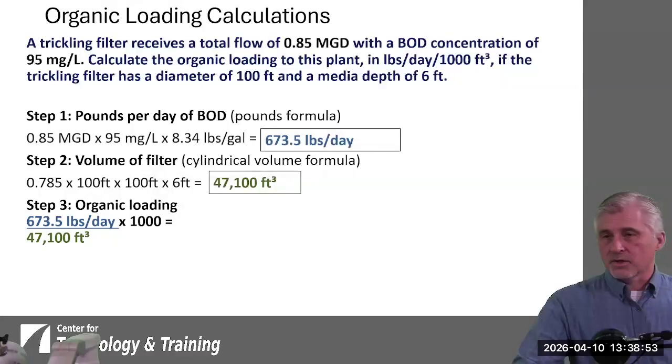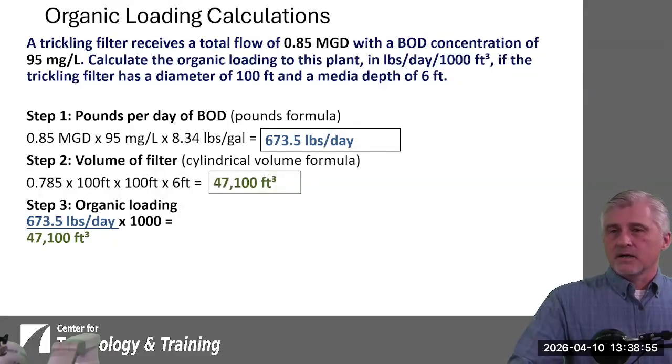Now, if we're going to look at organic loading, we need to take the pounds per day of BOD and divide that by the volume of the filter, and make sure that we multiply it by that 1,000 so we get it in per thousand rather than what it comes in.